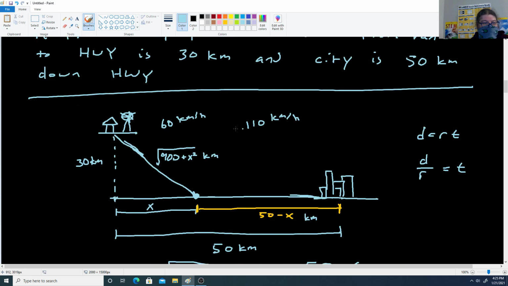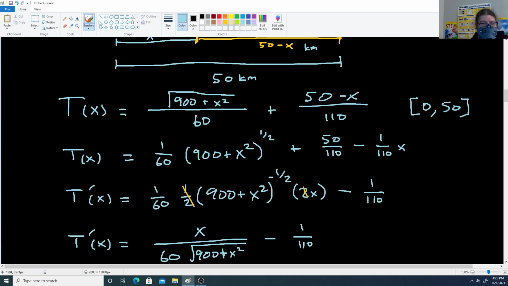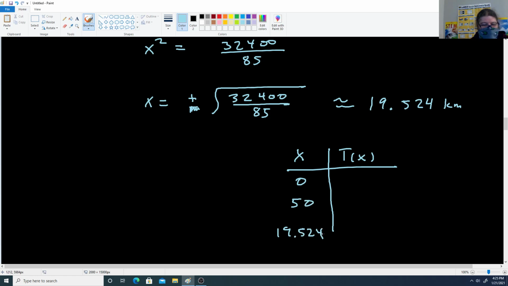So now that we got that, we're trying to minimize the time. We got 0 for an endpoint, 50 for an endpoint, and 19 point whatever for a critical point. So we're going to build a table with x and the times it takes. So we had 0, 50, and 19.524.